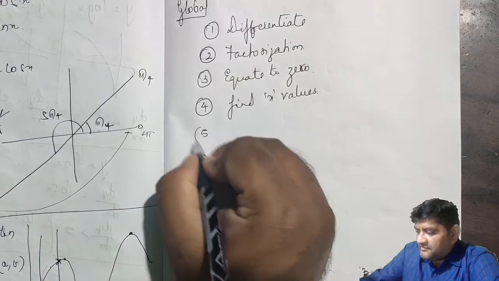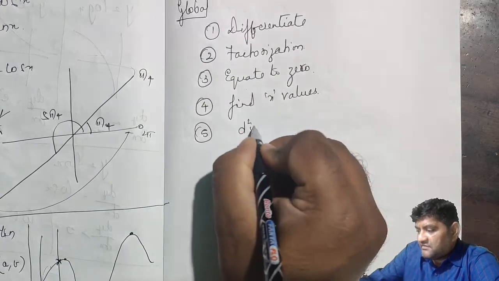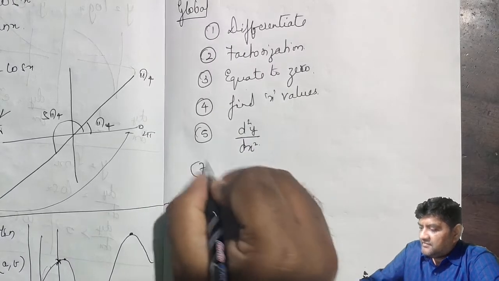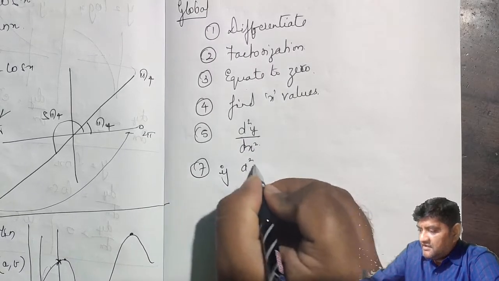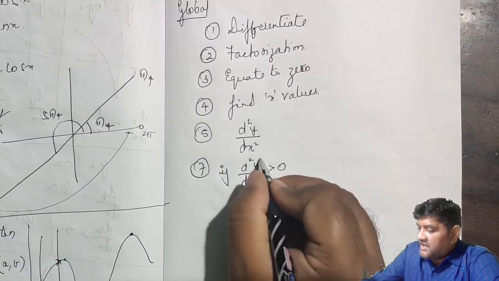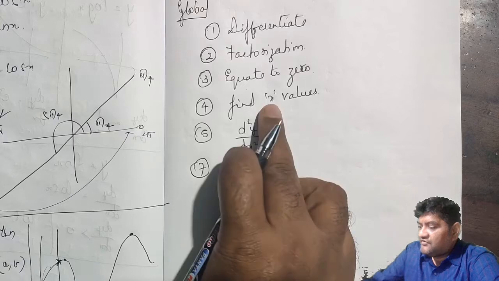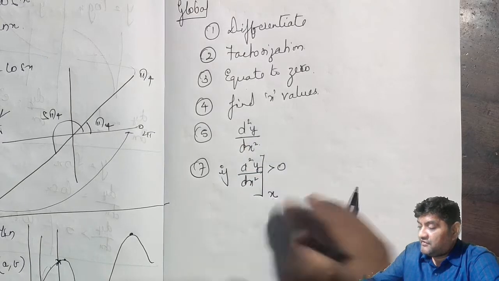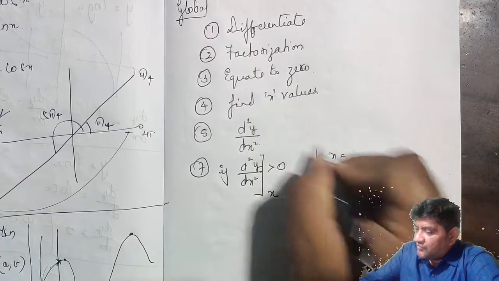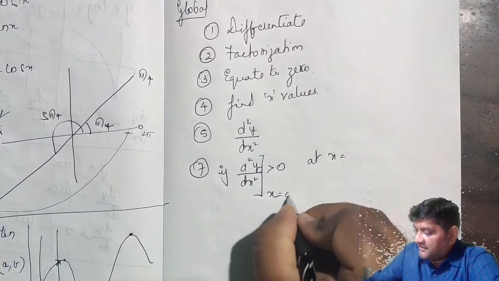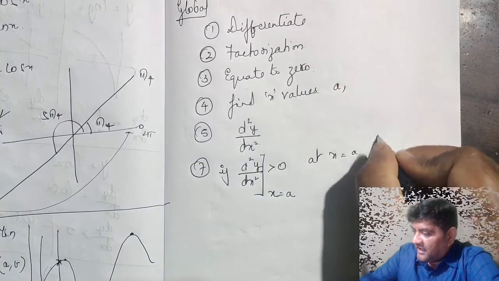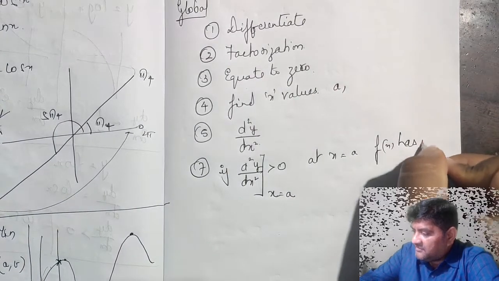The fifth step, find out d square y over dx square. The seventh step, if d square y by dx square is greater than 0 at that particular point, whatever x values you found from here, then at x equal to a, let's say a was one of the values, f of x has minimum.